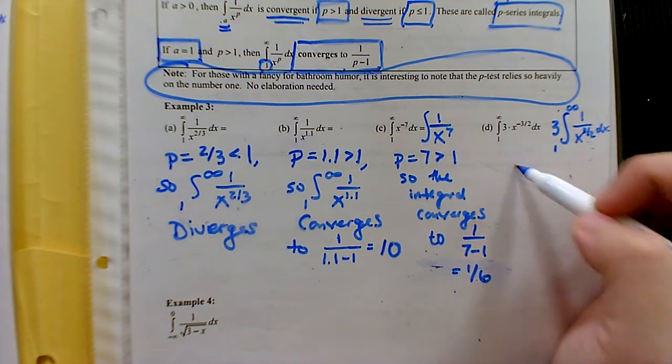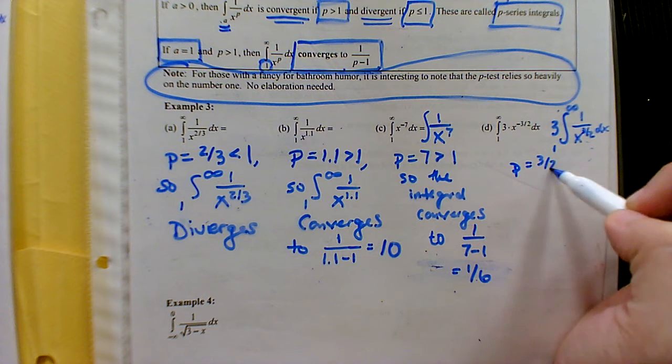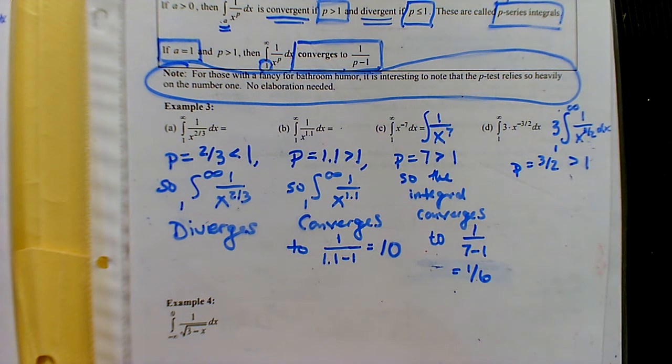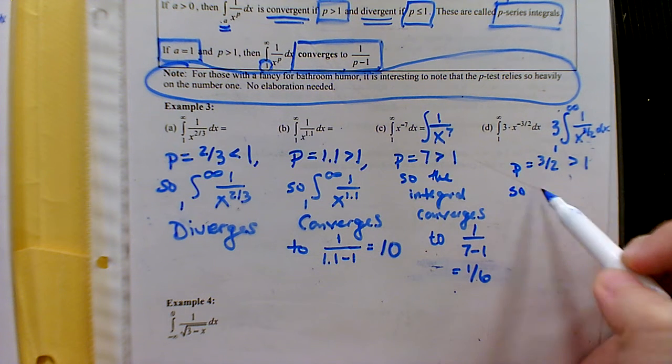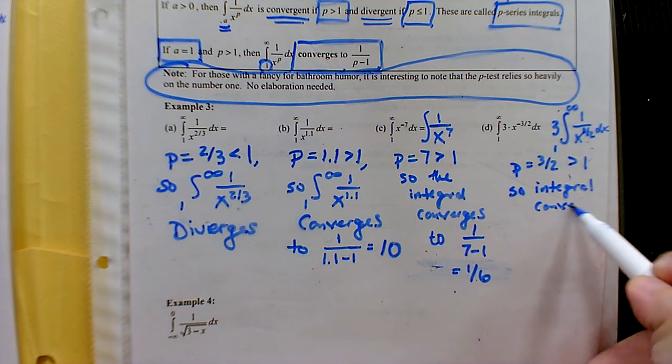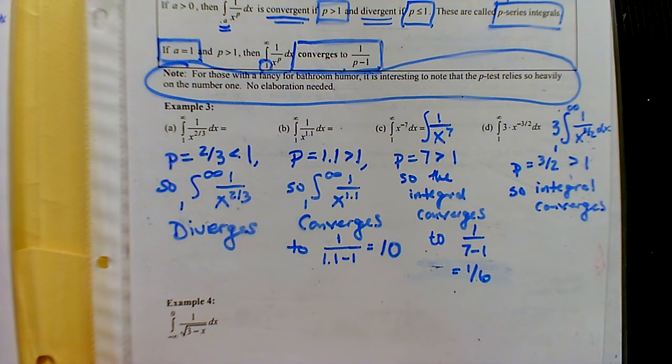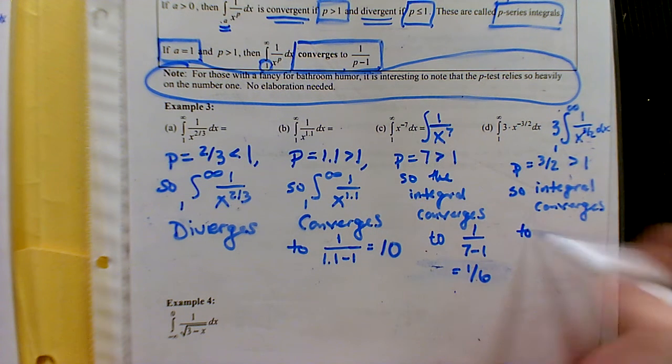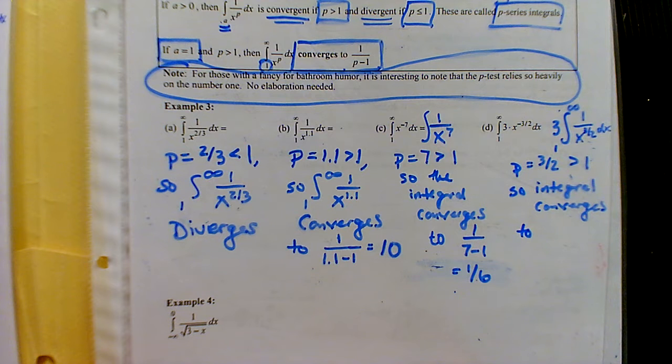Okay, so the power is 3 halves, which is bigger than 1. So the integral converges. Is the lower bound of the integral 1? Yes, so we can figure out what it converges to.